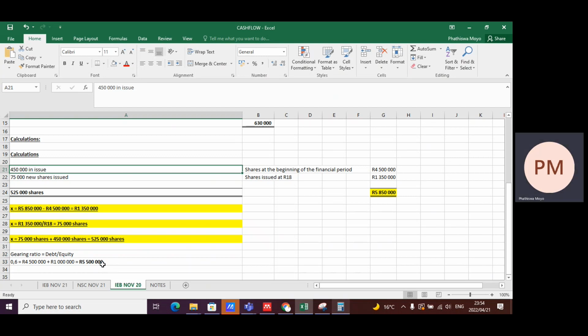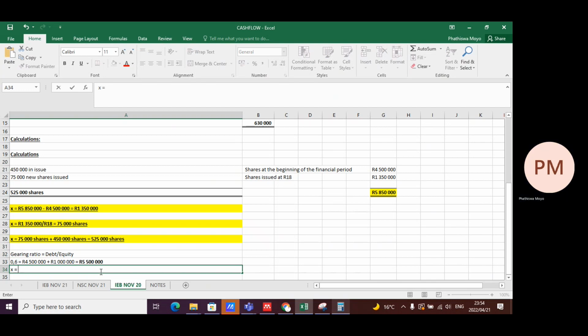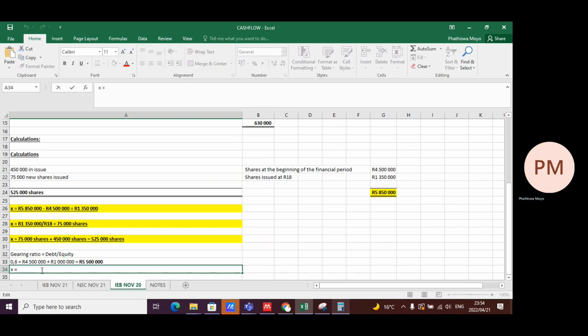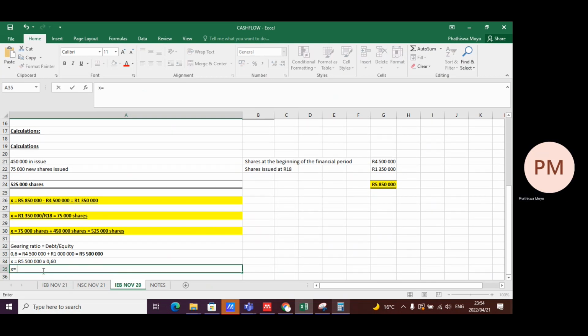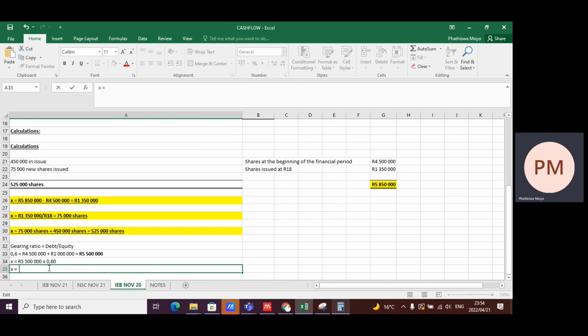That our gearing ratio equals, therefore, X equals this. Okay.